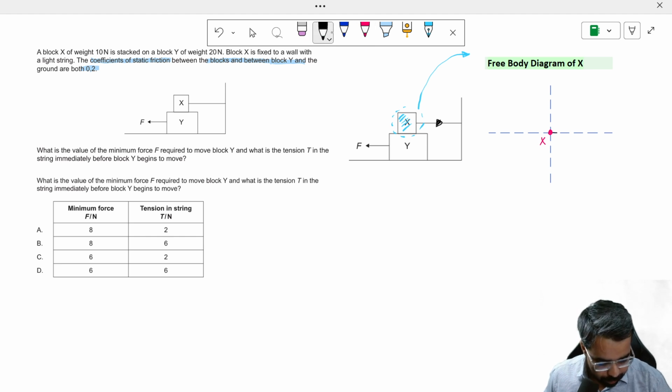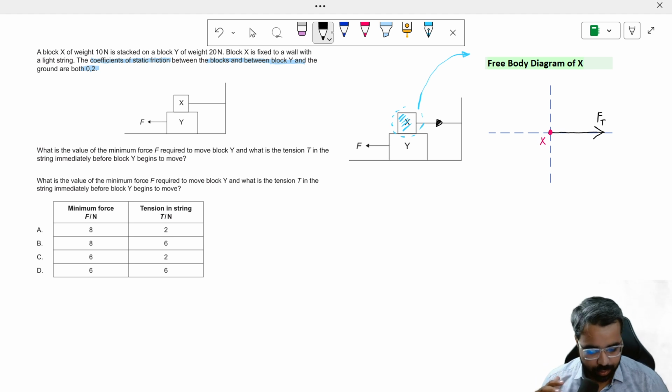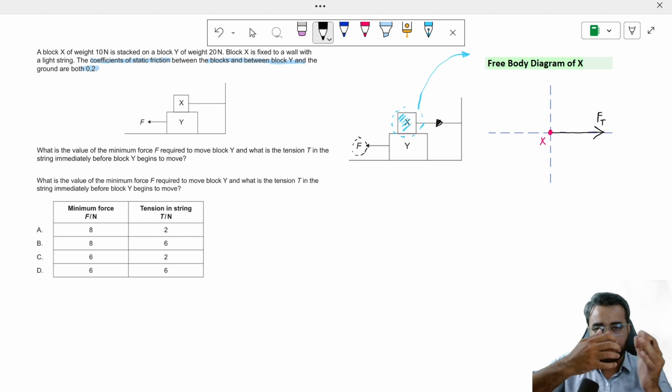So I will draw a vector towards the right. This is the force of tension. Now since this block is at rest, how much force will be applied on Y? Just imagine you are pushing this Y to the left side.